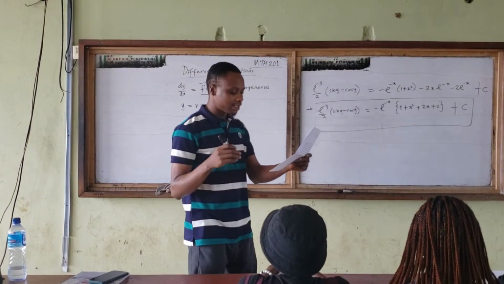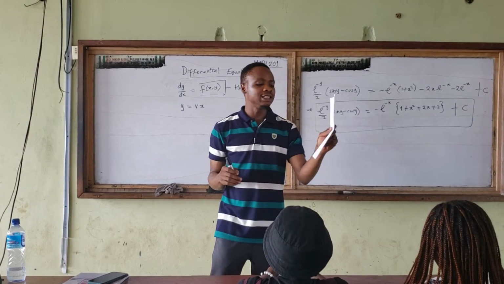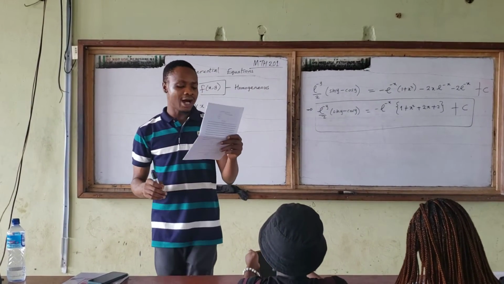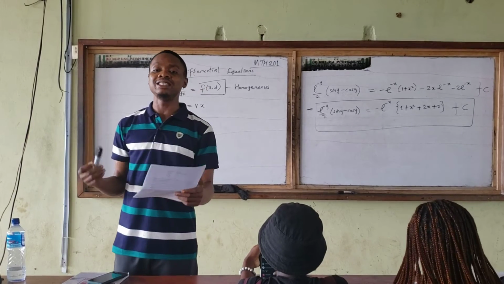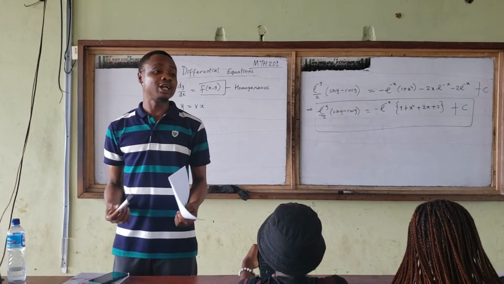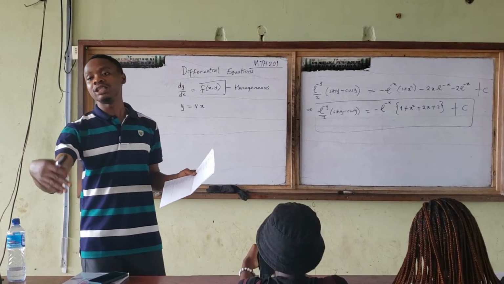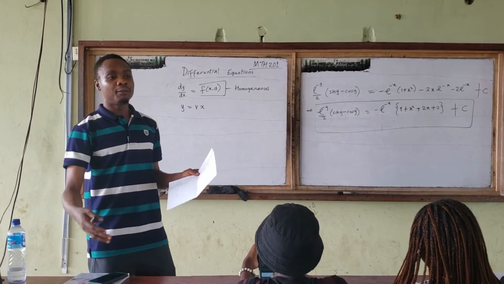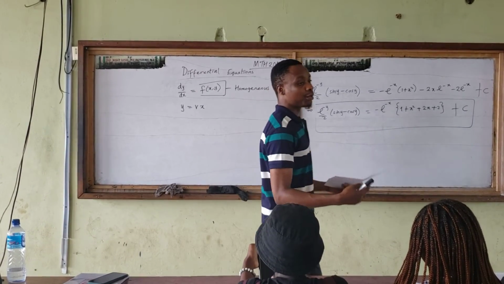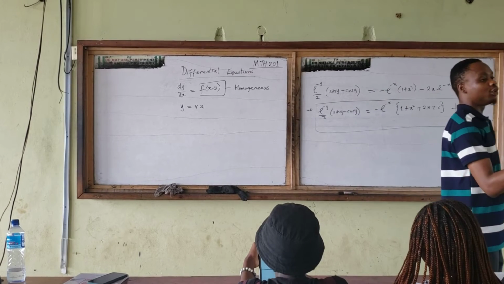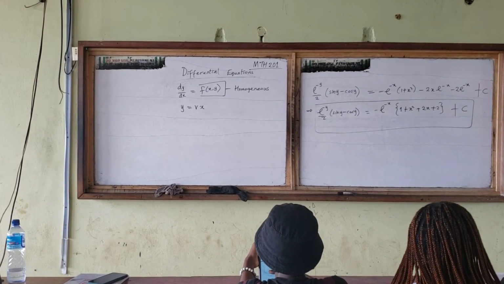So listen now, look at this. Look at the number 6. You are asked to determine if the following differential equations are homogeneous. So what are you looking at? The function on the right hand side. Is that clear? By the time you write dy/dx or y prime as the subject, what you have on the other side, is it going to be a homogeneous function?